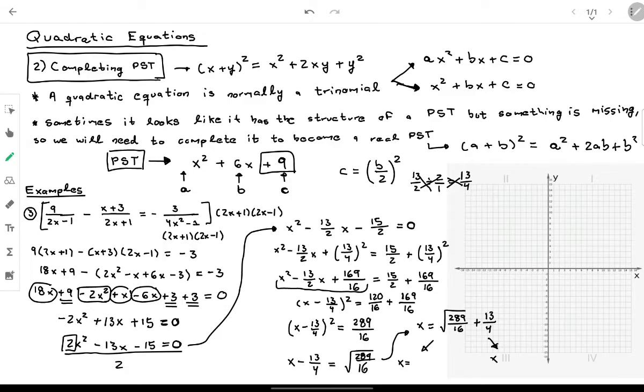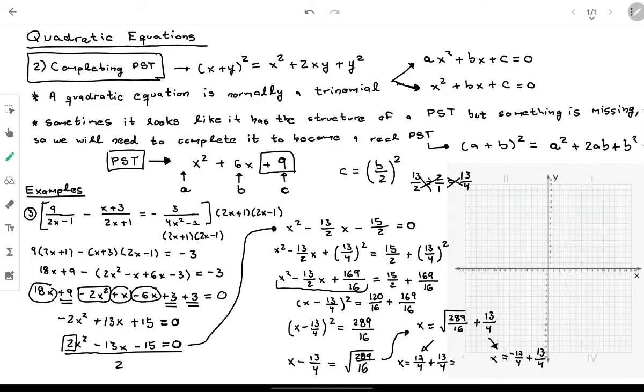The square root of 289 is 17, so we have 17 quarters. The square root of 16 is 4, plus 13 quarters. And we will also have x equals minus 17 quarters plus 13 quarters. Why plus and minus? Remember, the square root can have a positive sign or a negative sign, because plus times plus is positive, minus times minus is positive.